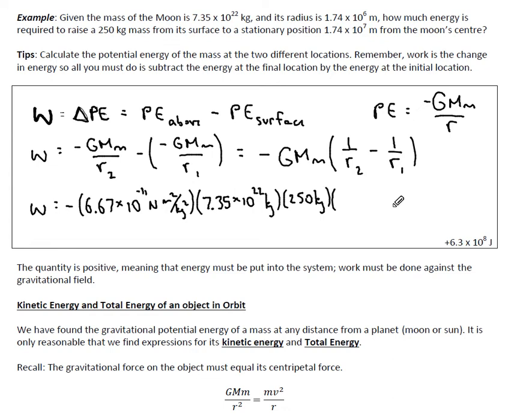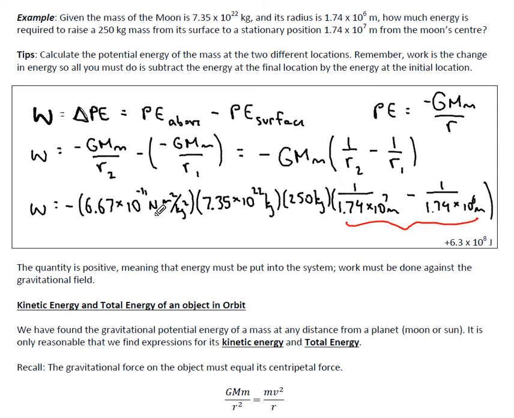And we're just going to multiply by the difference of the reciprocals of those r values. So it's 1 over 1.74 times 10 to the 7 meters minus 1 over 1.74 times 10 to the 6 meters. Plug in, well, this actually comes out to be a negative value.